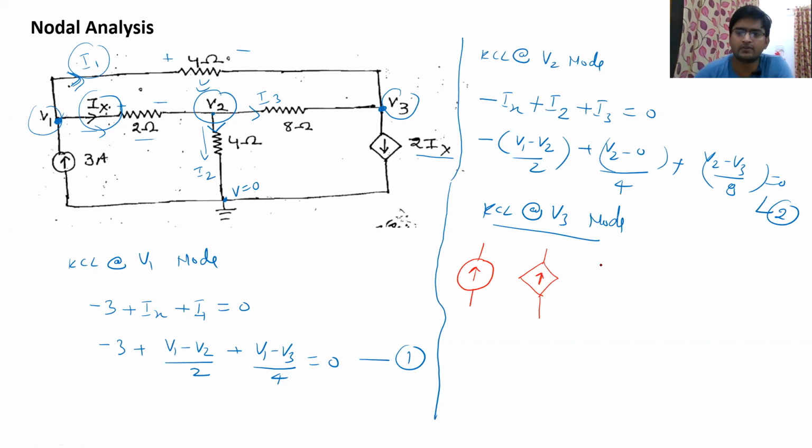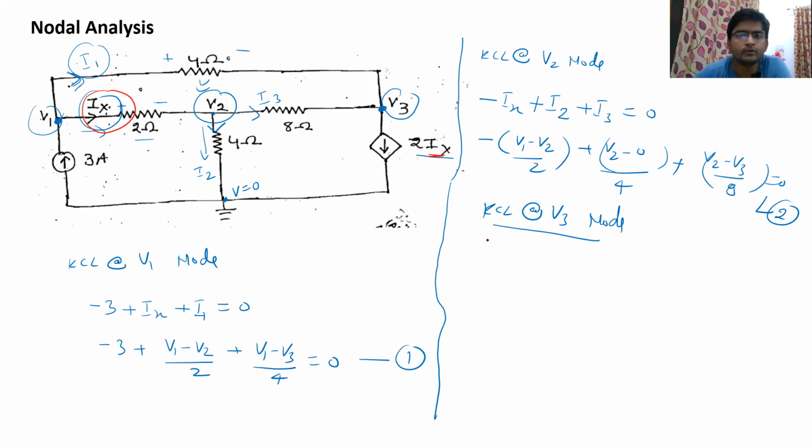This is called a diamond box. Similarly, for a dependent voltage source, you will use a diamond box like this, right? So in our question, this particular current source which is directed downwards is dependent on the value Ix, which is flowing in this particular branch.